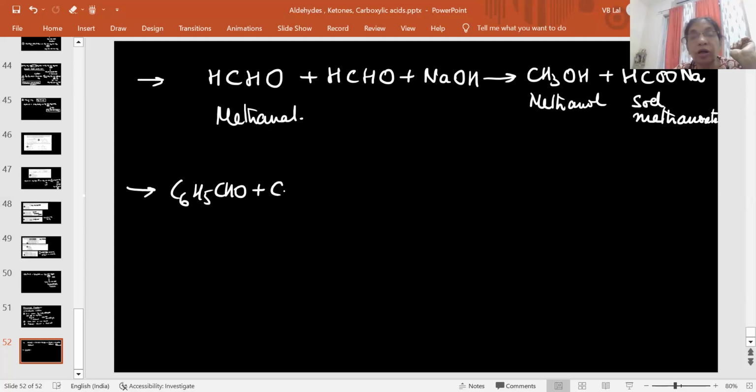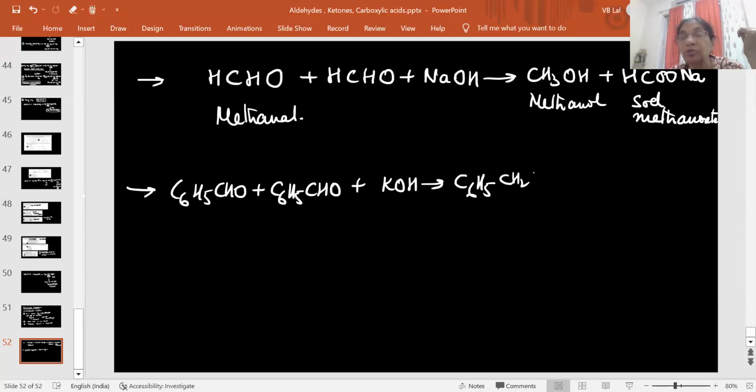Now the second example, let us take C6H5CHO. So bimolecular, so again C6H5CHO, and this time I will use KOH. So what will I get? I will get an alcohol, which you get by reduction of benzaldehyde. So what is the alcohol? It will be benzyl alcohol. Same number of carbon atoms, so CHO will become CH2OH.